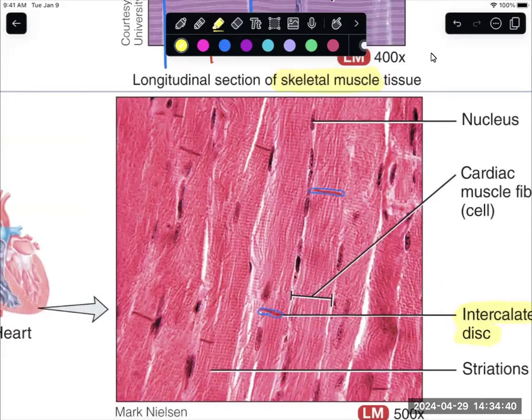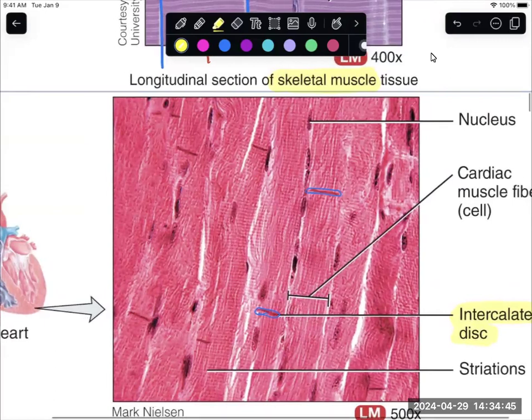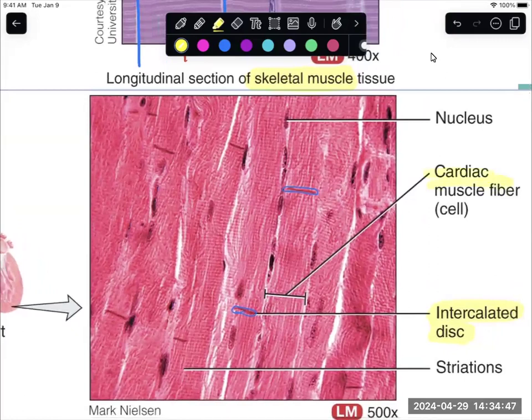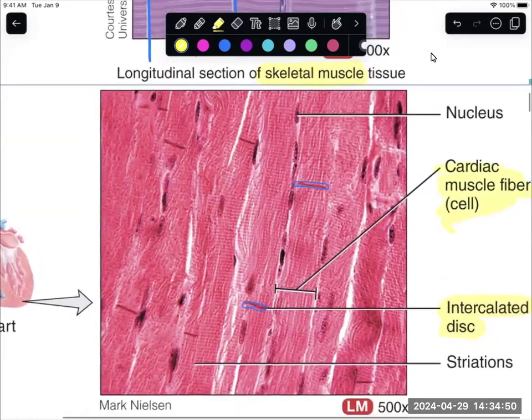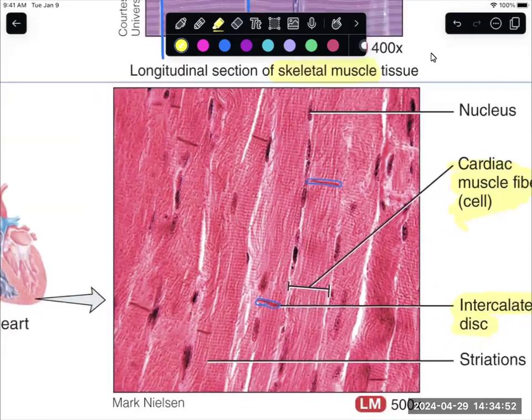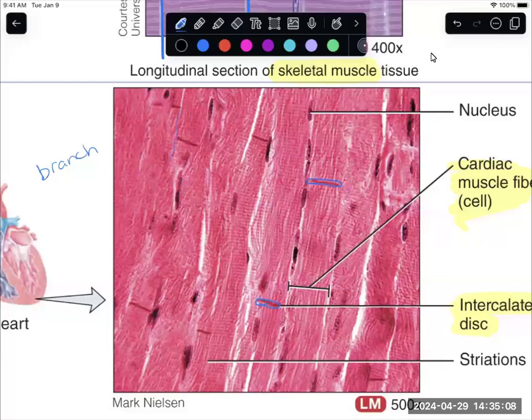These intercalated discs separate one cardiac muscle fiber cell from the next. The other thing we will see, though this isn't the best example, is that cardiac muscle will branch sometimes. Sometimes we'll see lots of little branches going out. This one doesn't show the best example. I've got some better ones that actually show the branching, so I'll point it out in those pictures.